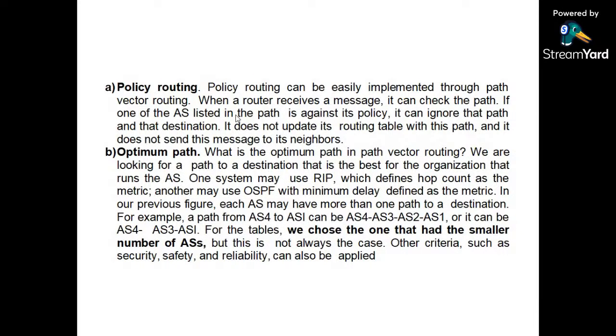Now there is policy routing and optimum path. Policy routing can be implemented through path vector routing, and in optimal path vector routing we are looking for a path to the destination that is best for the organization, which runs as the autonomous system. So policy routing can easily be implemented.